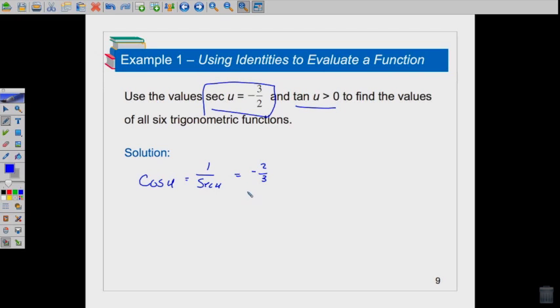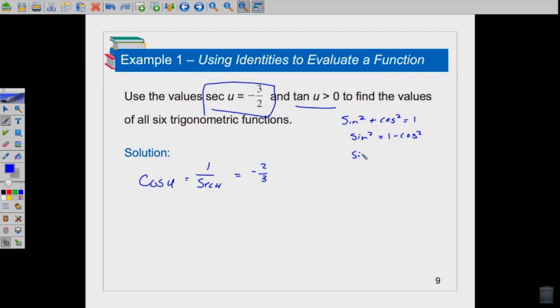Now, I do believe we did an example way back where I had cosine and I wanted to find sine. It was a bit of a stretch on how to get there, but we can use one of these identities to do that pretty easily. One of them says sine squared plus cosine squared equals 1. If I rearrange that so the sine is by itself, sine squared equals 1 minus cosine squared, and now I can solve for sine by taking the square root.